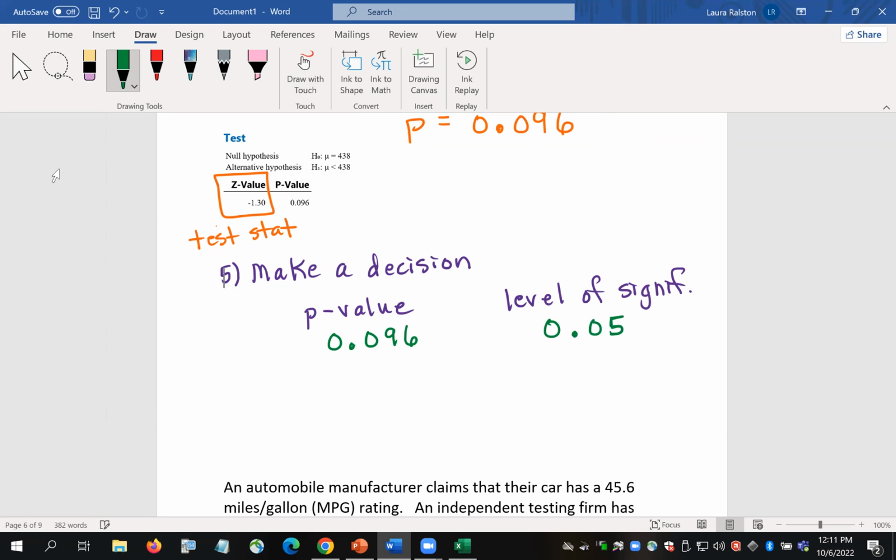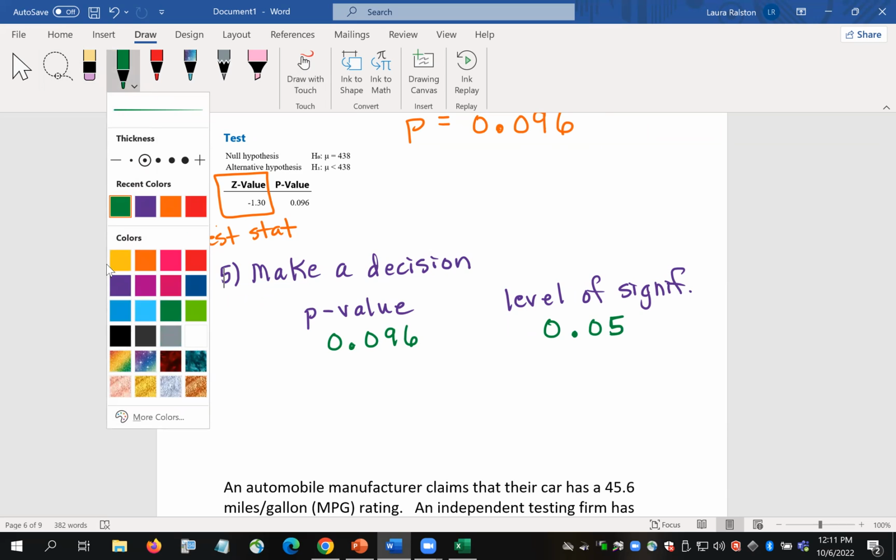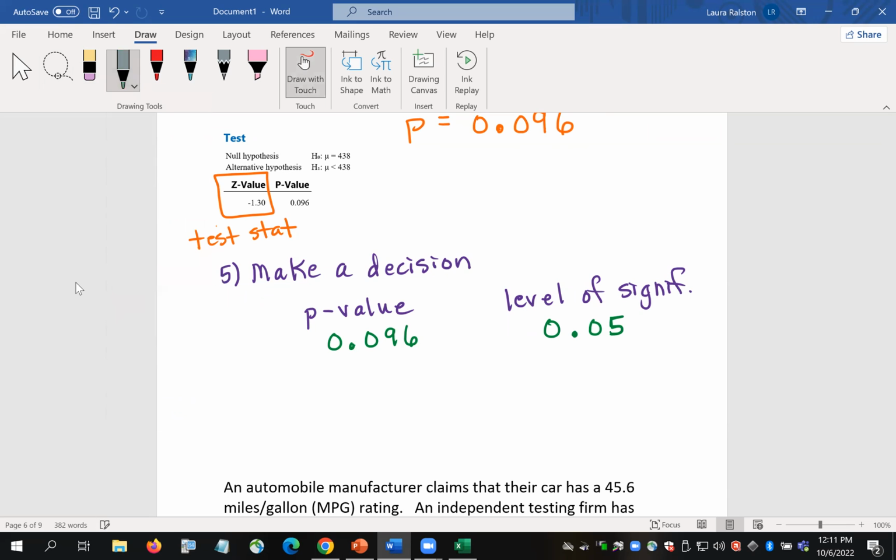That was given in the problem. Again, the easiest way to do that, guys, is digit for digit. 0 compared to 0, 9 compared to 5. 9 is greater than 5, so the p-value is greater than the level of significance. When the p-value is greater than the level of significance, we fail to reject the null.